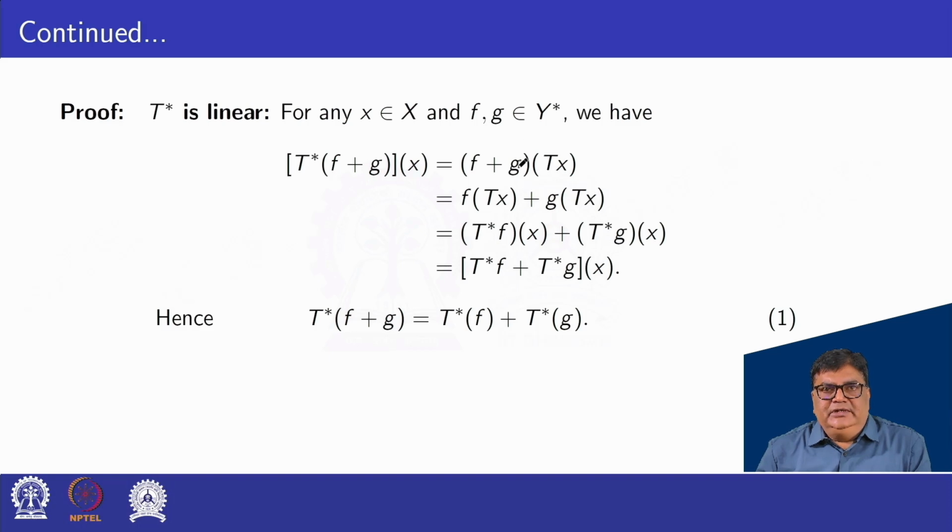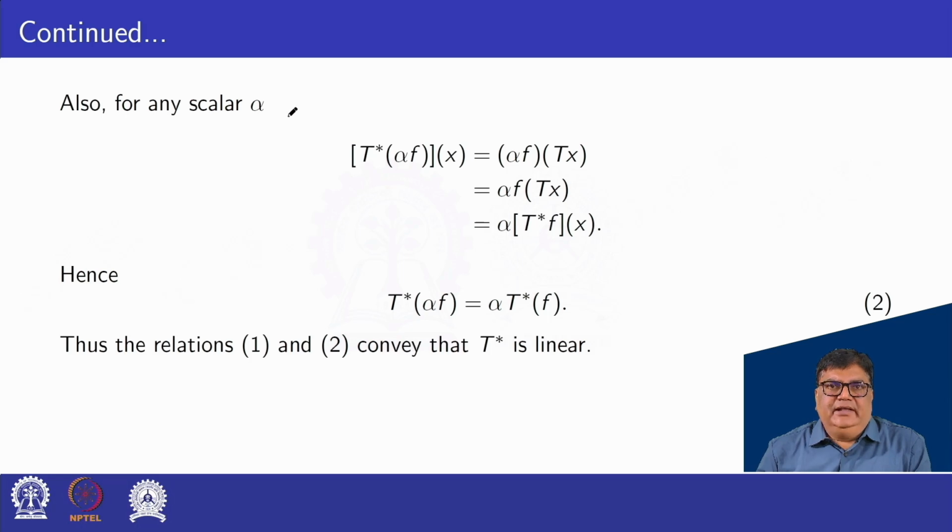So meaning of this is f of Tx plus g of Tx. Again, using the definition of adjoint, f of Tx can be written as (T star f)(x) and this is (T star g)(x). That is (T star f plus T star g)(x), we can write. Therefore, T star of (f plus g) is equal to T star of f plus T star of g.